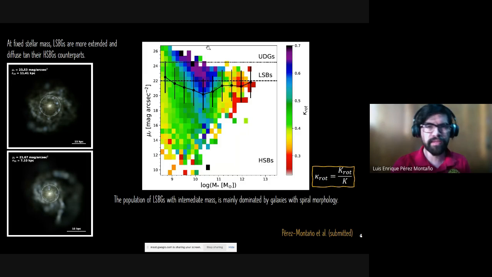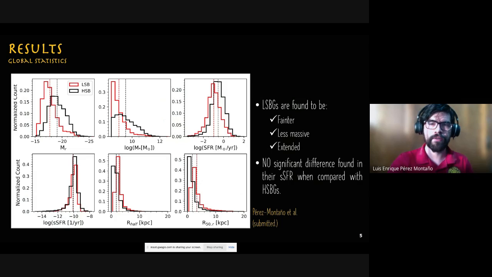So we can observe that, well, spiral galaxies have higher values of kappa. So we can see that most of the population of LSBGs is strongly dominated by late type objects such as spiral galaxies with small bulges and probably not too strong bars.